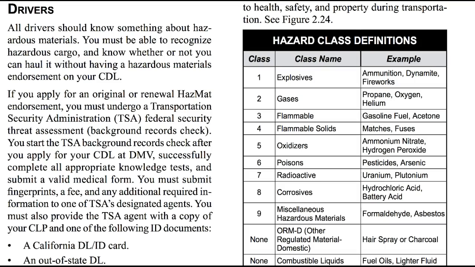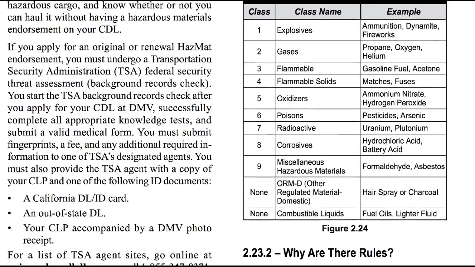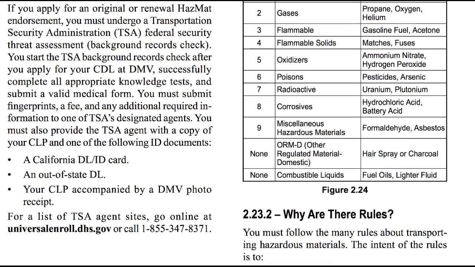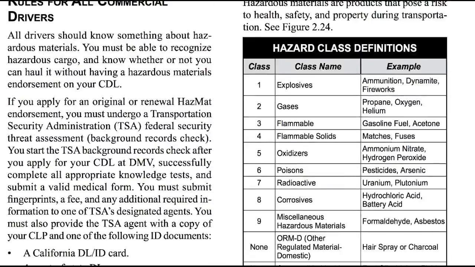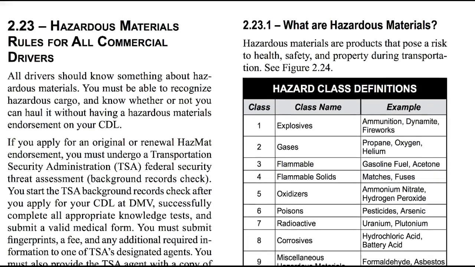You must also provide the TSA agent with a copy of your CLP and one of the following ID documents: a California driver's license or ID card, an out-of-state driver's license, your CLP accompanied by a DMV photo receipt. And for a list of TSA agents, go online to universalroll.dhs.gov.